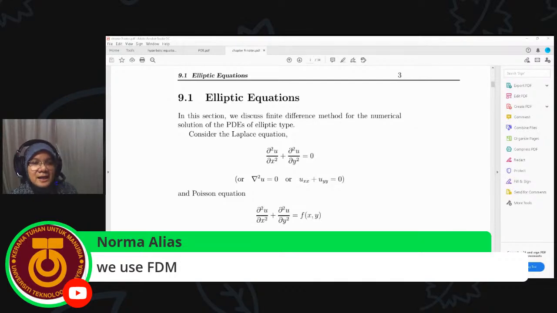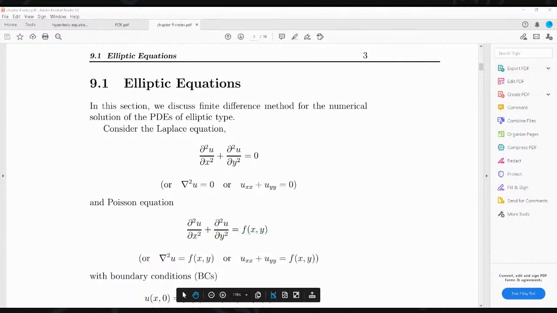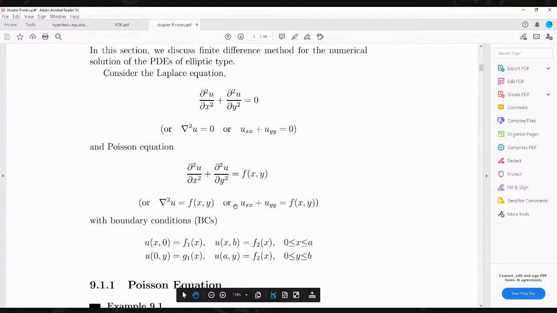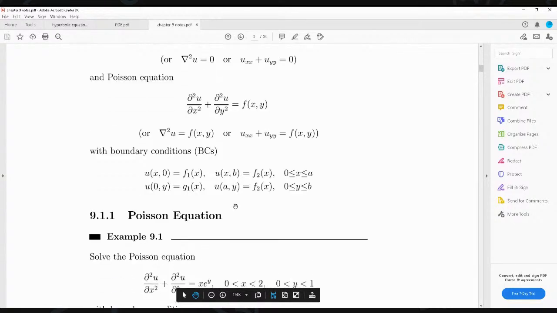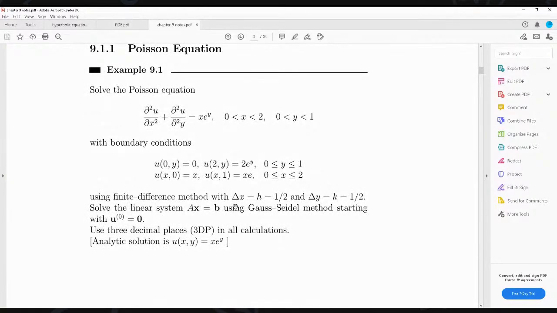Okay, let's focus on our PDF file here. If I go to this example, the first thing is that the boundary of x is between 0 and 2, and the boundary of y is between 0 and 1.